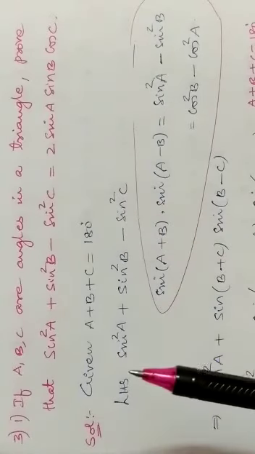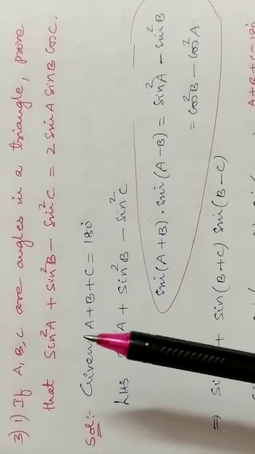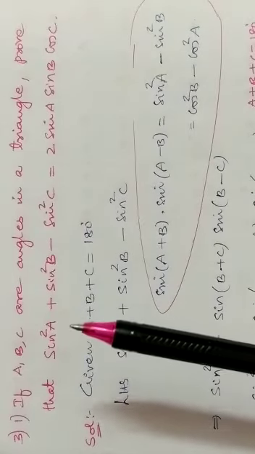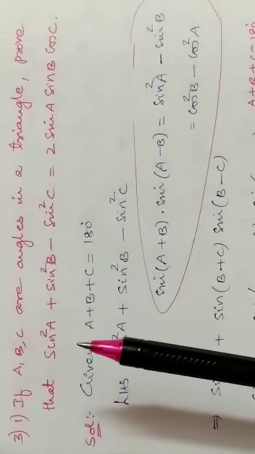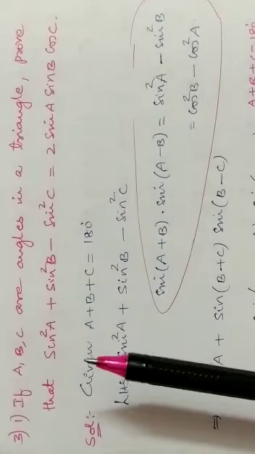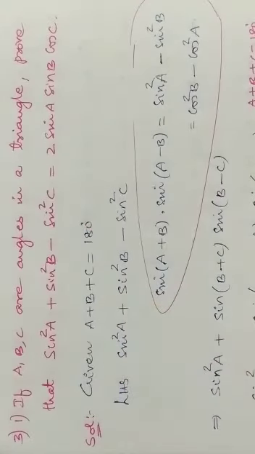In the earlier videos, we have done sin²A or sinA, but in this problem you are having squares: sin²A, sin²B, sin²C. Then how to do this problem?